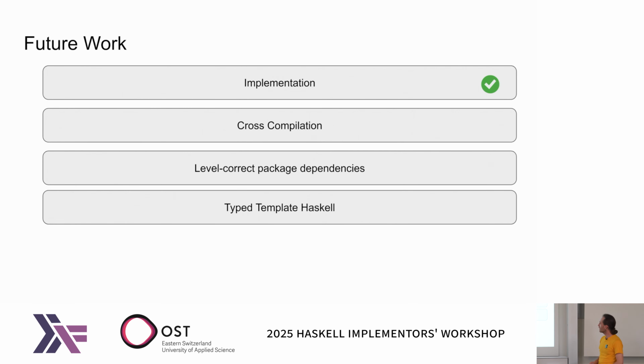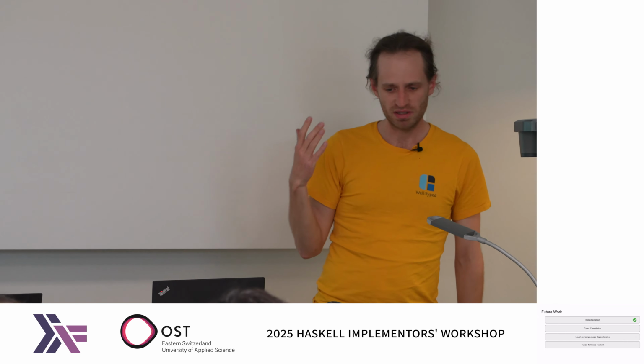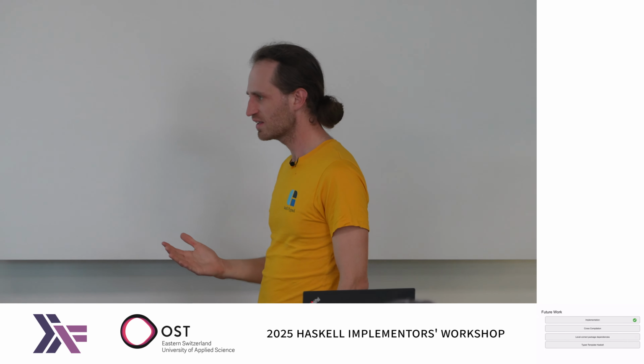Okay, so since I last gave this talk, the implementation was actually a bit of an ordeal, to be honest, but it is now done. But we still have these 3 pieces of future work to be done. Now we have this more explicit way to model dependencies in Template Haskell.